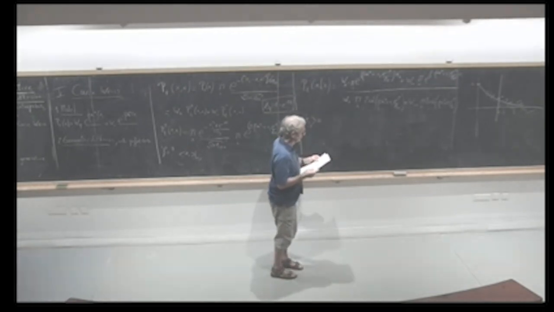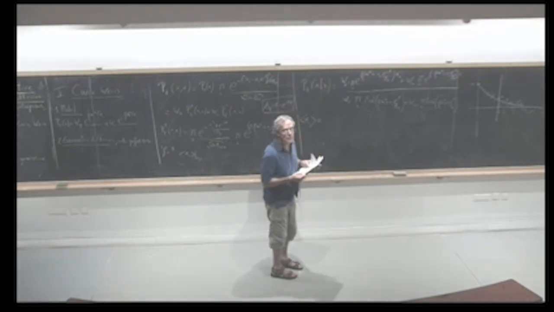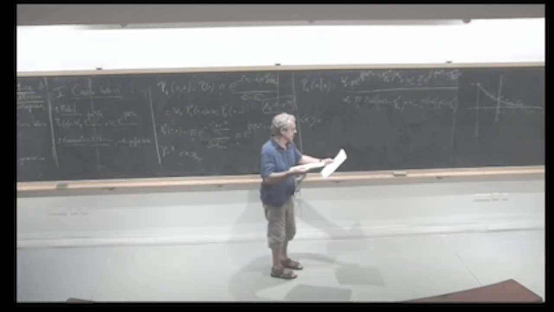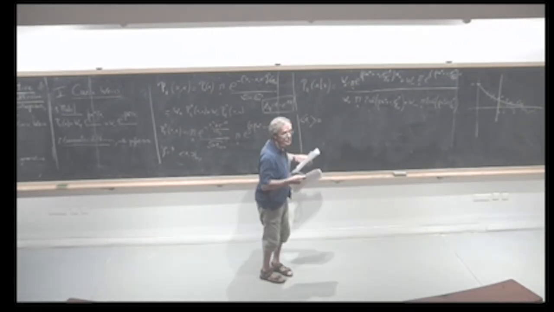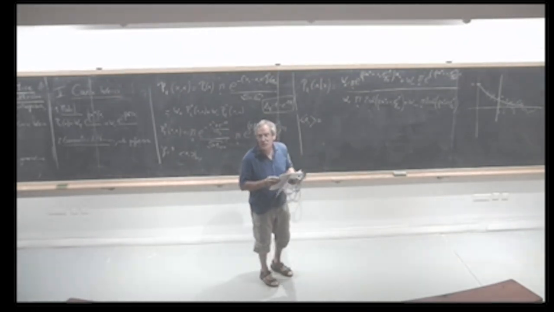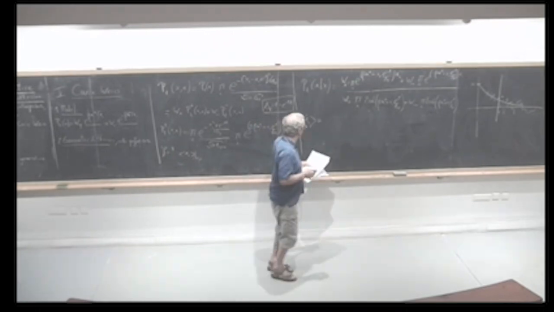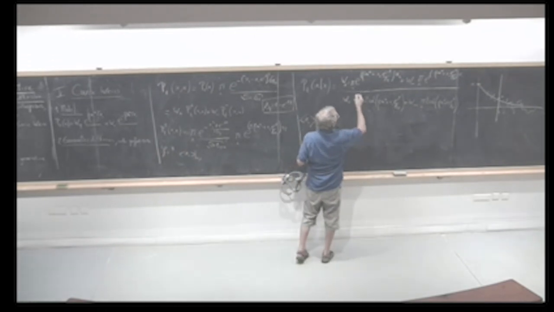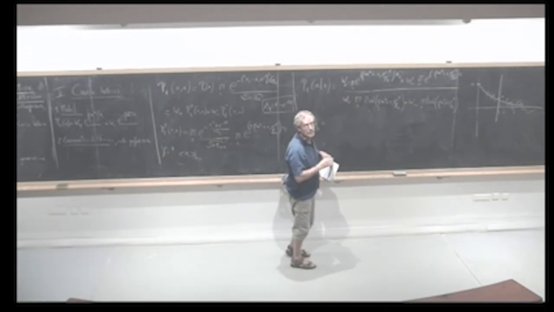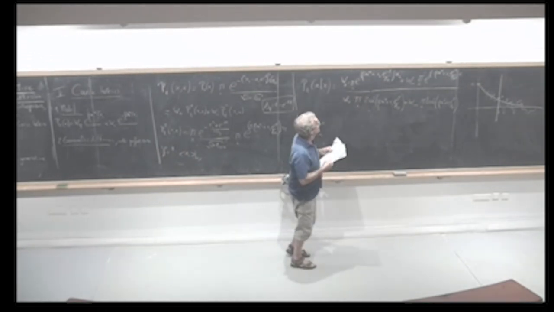I will not do it, I will give you the result. It takes a page, which means three blackboards, and it's a bit boring, but it's a very simple exercise. You have the measure, you do it, and what you find is A_i conditioned to X, so you take just the expectation value of one A_i.